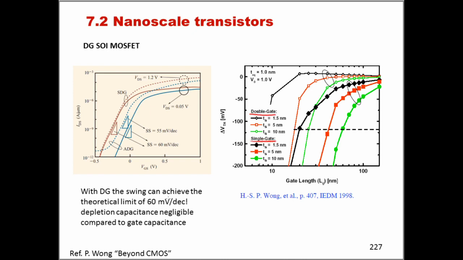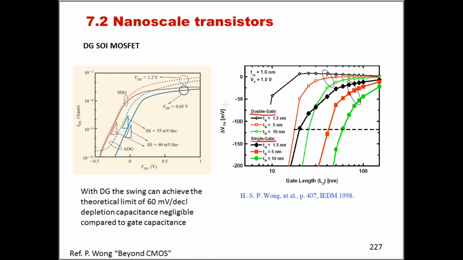The lines with full symbols are related to a single gate device, and exactly the same device built with a double gate technology clearly shows the threshold voltage variation due to shrinking.